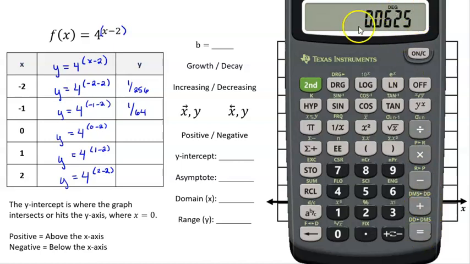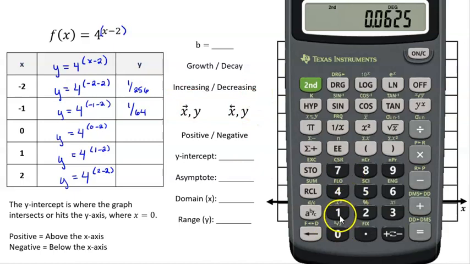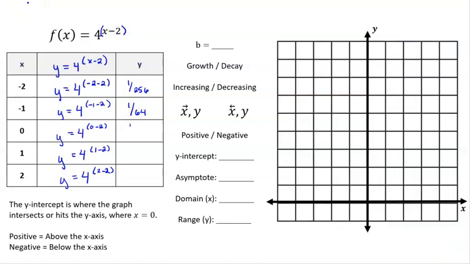So say you have something like this, you're just going to hit second and then F to D, and it'll bring it back into a fraction. So you're going to hit second, which is the top left button, and then F to D, which is the bottom left button, and it'll take you back into that. So if that makes it a little bit easier to conceptualize, then do that.